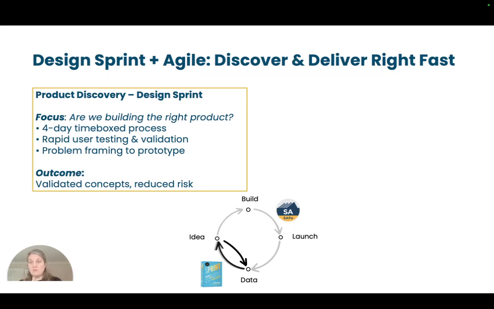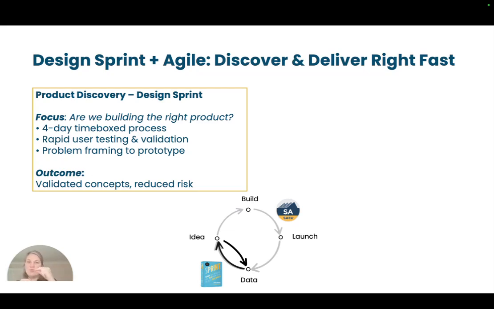So at the end of those 4 days, what you will have is a prototype that has been validated with users. So you have real data from real users that will help you make the decisions of how to progress to solve that problem. Is that solution a solution that is worth moving into delivery? Is it a solution that is worth refining before moving into delivery?